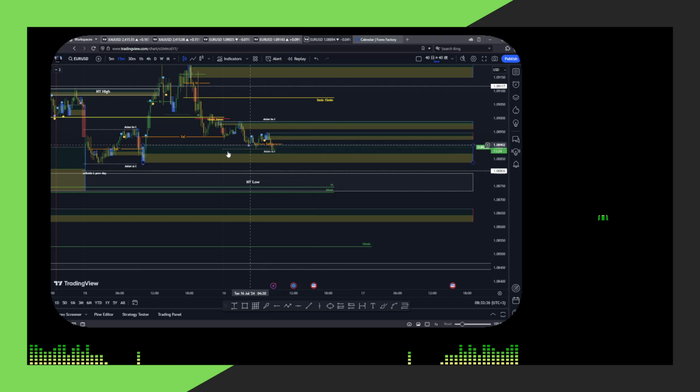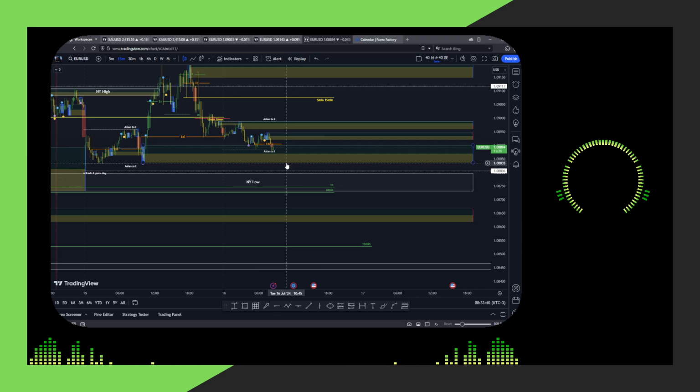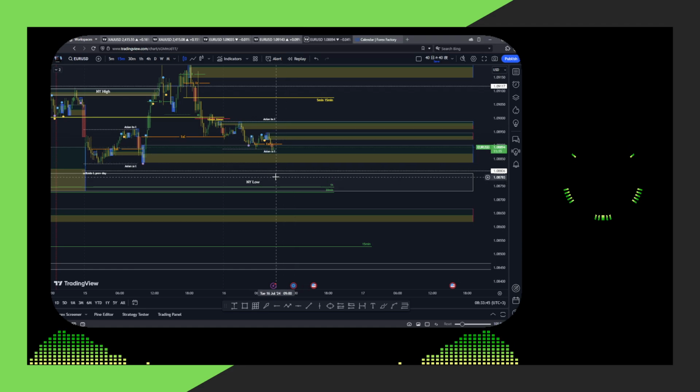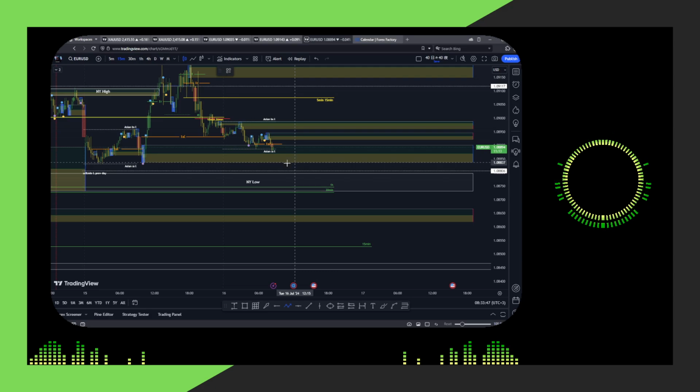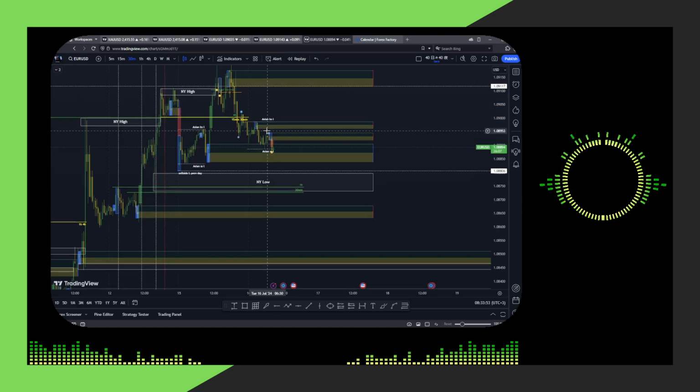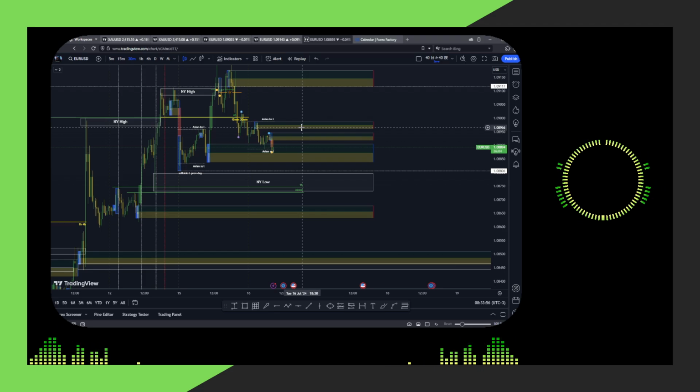That creates control from this particular point, and we may engage a sell entry. For me to look for buys, we need the break of these levels and the push on the 30 minutes also, the break of this and the break of this for me to continue the push to the upside.